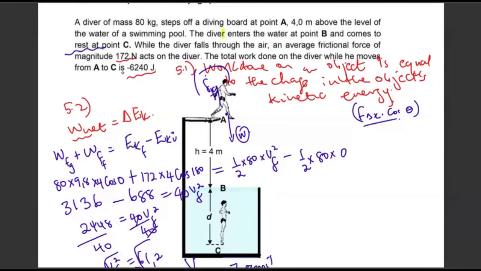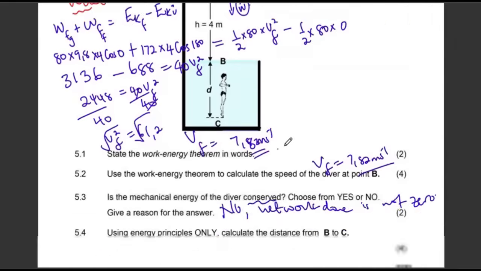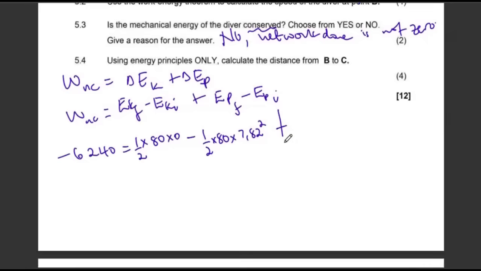The diver falls through air, and do we know the displacement there? Do we know the initial displacement? Let's take the initial velocity when he was jumping. Does that make some bit of sense?